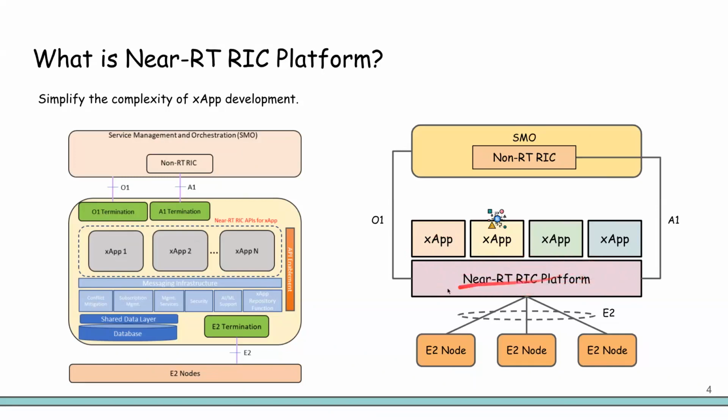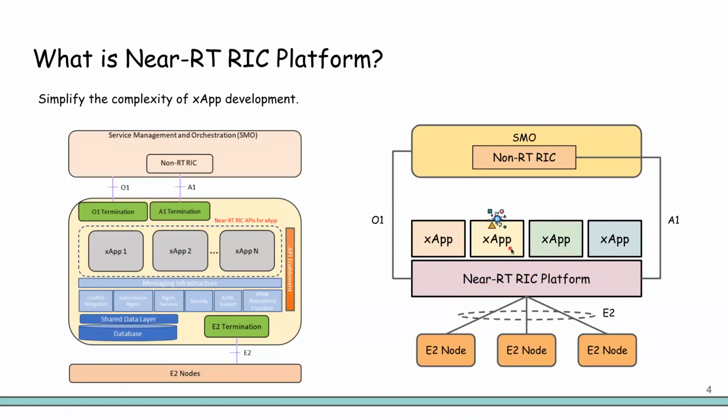This platform has functions such as message infrastructure, database, and the E2, A1, O1 connections. The xApp is where we put some algorithm.